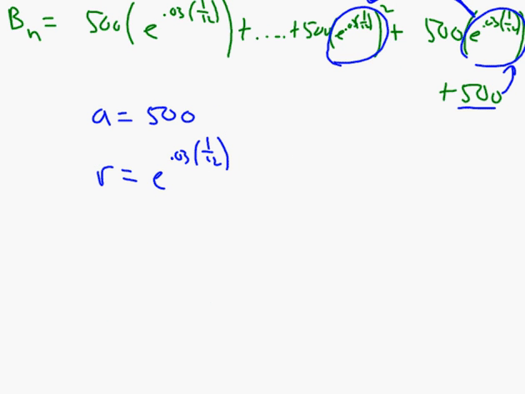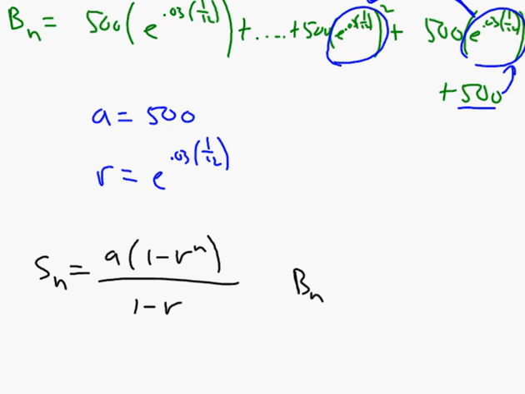So the nice part about that is we know some formulas. For example, we learned that the nth partial sum of a geometric series, S sub n, is the first term times 1 minus the common ratio to the n power over 1 minus the common ratio. So what can we do now? We could actually just think of our Bn. Our Bn is going to be the same thing, except we know the stuff that's missing.